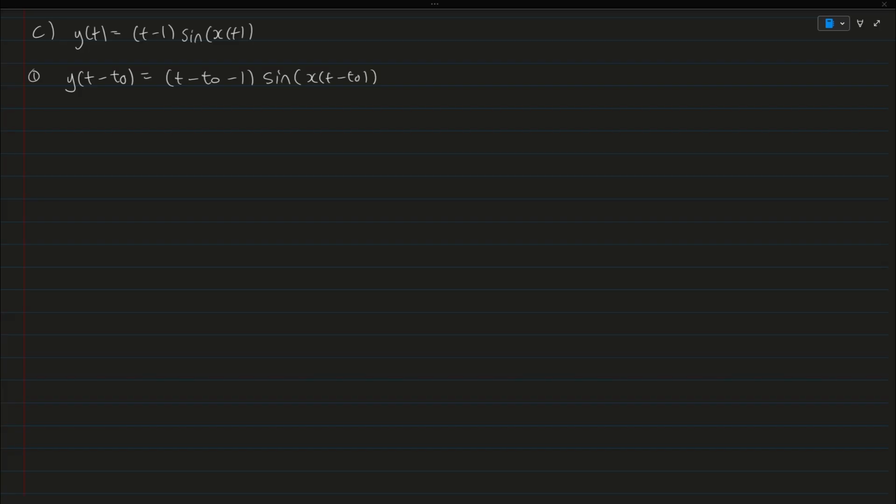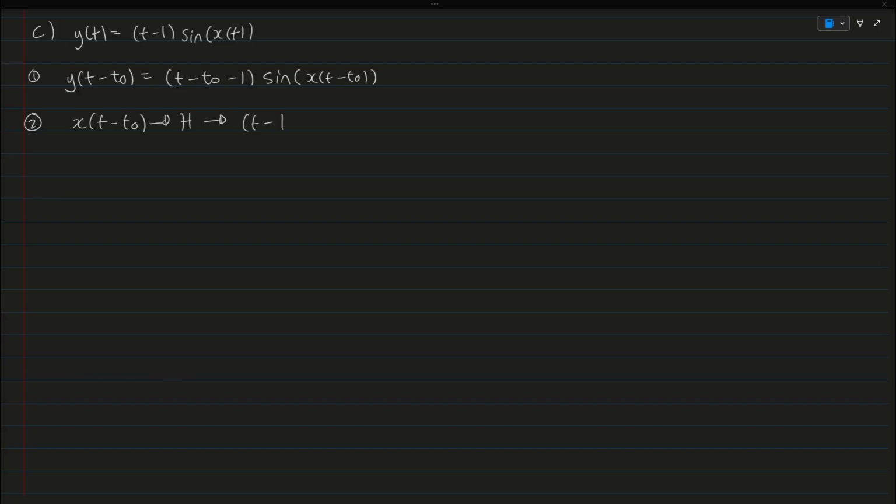The second step is to shift the input and pass it through the system. So we shift the input, and now we're going to pass it into our system. What does our system do? It multiplies, first of all, by t minus 1. So we keep the t minus 1. This has nothing to do with our input.